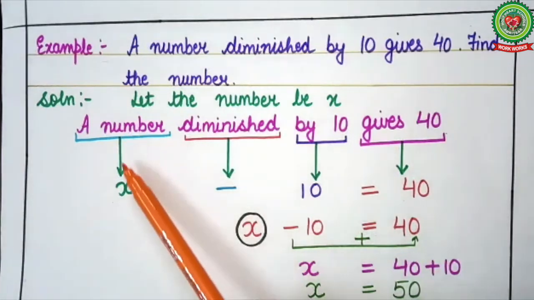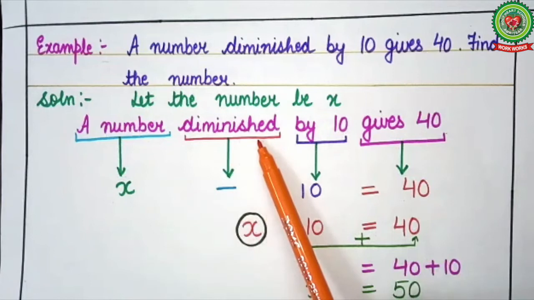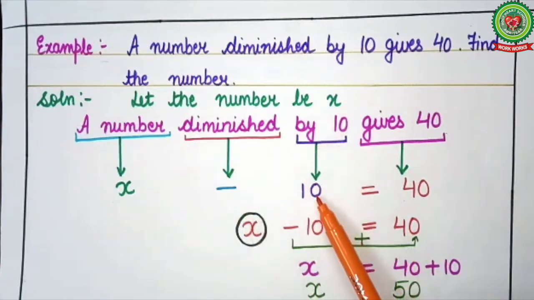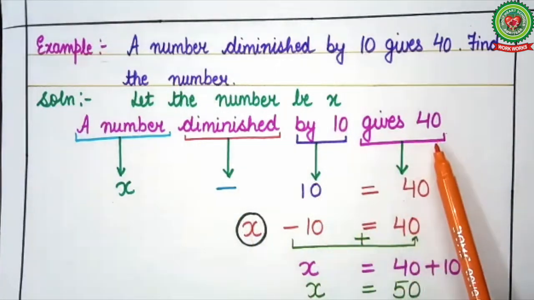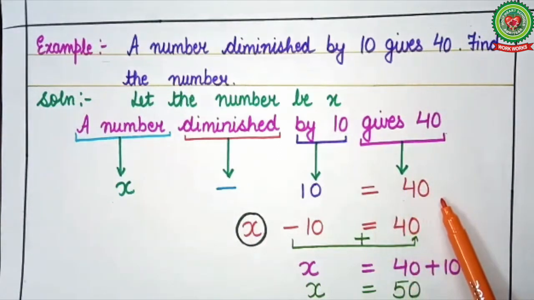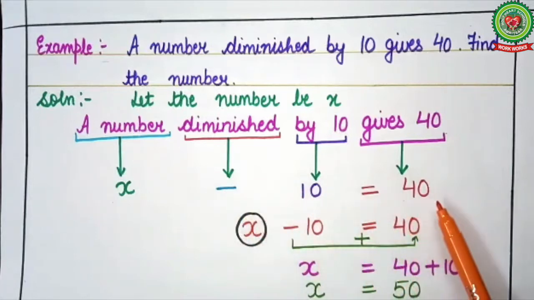So here a number, that is x. Diminished means minus, by 10. So here I will write 10. Gives 40, that means equals to 40. So x minus 10 equals to 40. So here the linear equation is formed.